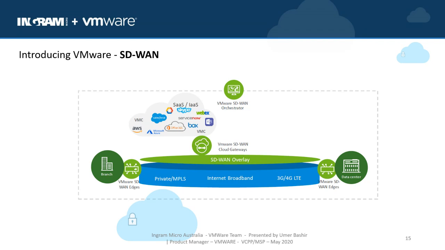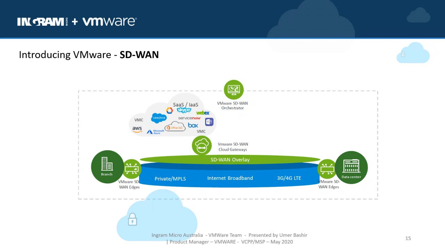Okay, so this is the latest inclusion, SD-WAN, VeloCloud. I wanted to talk a little bit about what SD-WAN can do for you, and how you can see a bigger picture of different offerings that you can give to your customers.